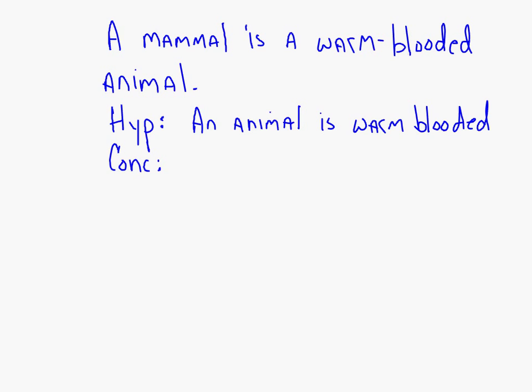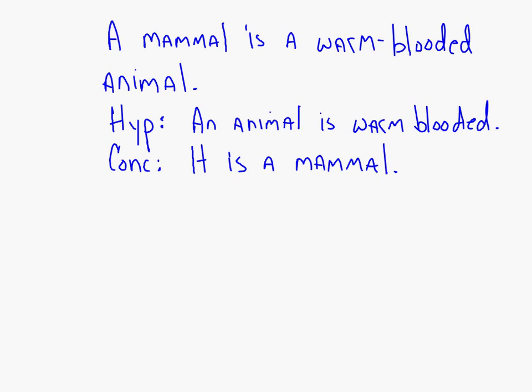Very good. Yes. Wouldn't that hypothesis have to be an animal is a mammal? Hypothesis in this case, an animal is a mammal. I guess so. Will it work both ways?